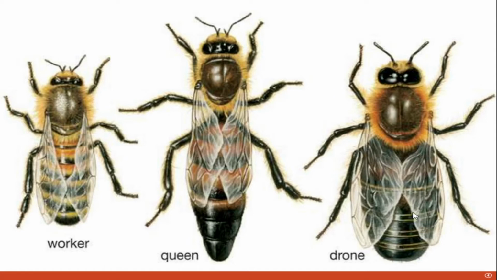These bees do not have stings. Drones always help with mating with the queen. Workers usually do not breed. The main function of the worker is collecting nectar from the flowers.